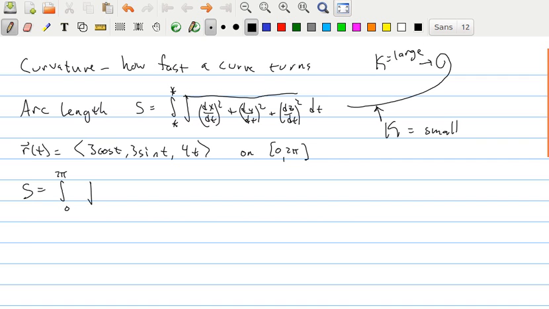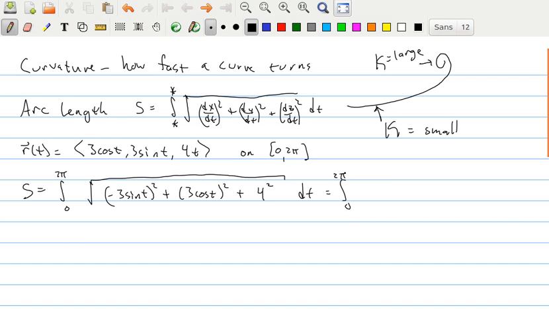Now we've got to take the derivative of the first term, which is negative 3 sine t, and square it. We take the derivative of the y, which is 3 cosine t. We square it. We take the derivative of the z, which is 4. We square it. And then we're going to integrate this with respect to t.